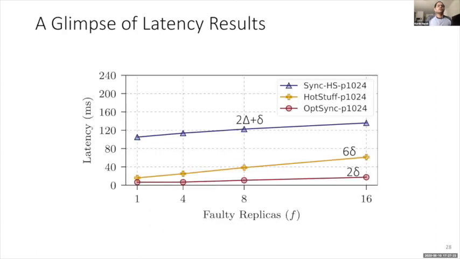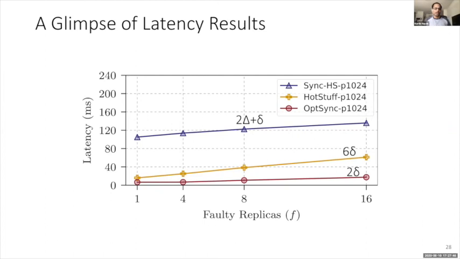In fact, since our protocol was so simple, and it was optimal, we implemented it and we compared it with some state-of-the-art protocols. So on the x-axis, we see different number of faults that these protocols can tolerate. On the y-axis, we see the latencies they achieve in the optimistic cases.